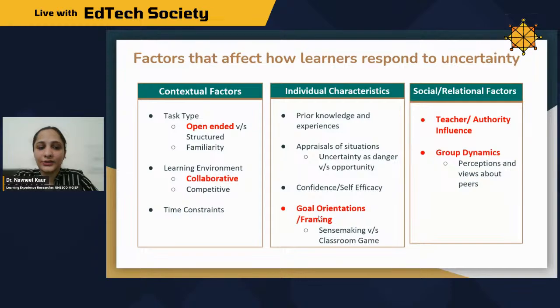So, in the talk, as I said, we'll be talking more about open-ended, collaborative kinds of situations, because there are more chances to cover the different types of uncertainties that learners experience, and we'll focus on their goal orientations and aspects of relational factors inside a classroom in more detail as we go ahead.